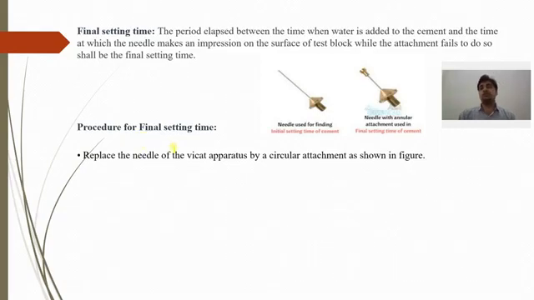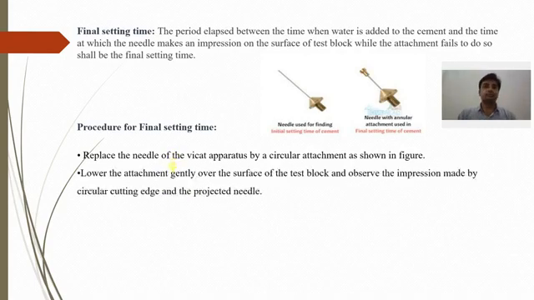Clear? First of all, you have to replace your needle. You have to use the 5 mm diameter needle. Clear? And once again lower the attachment gently over the surface of the test block and observe the impression made by the circular cutting edge.